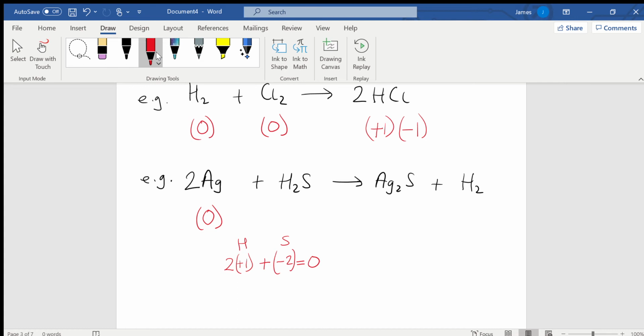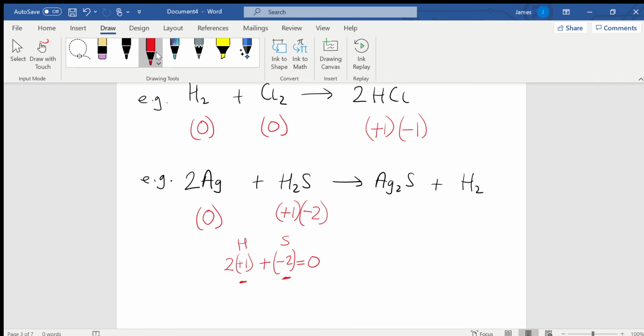So I've got 2 +1 hydrogens and 1 -2 sulfur, and they indeed sum to 0. So here are my monatomic charges: hydrogen is in the +1 oxidation state, and sulfur is in the -2 oxidation state. So we kind of treat it like it's ionic.